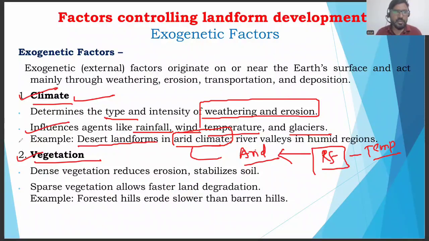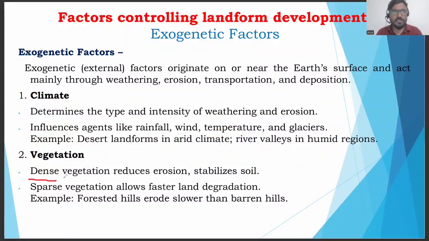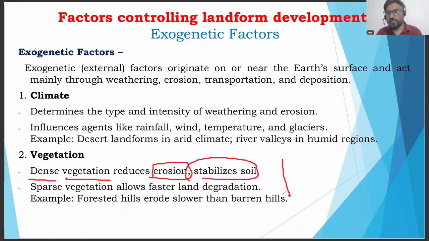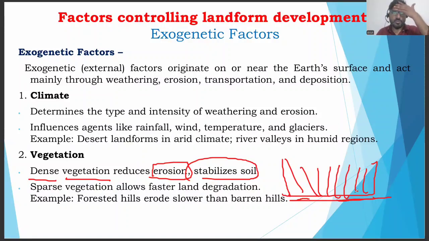Coming to the next exogenetic factor, vegetation. Dense vegetation reduces erosion and stabilizes soil. If there is a good amount of vegetation on the surface, it will reduce the soil erosion, stabilize the soil, and maintain the soil profile.